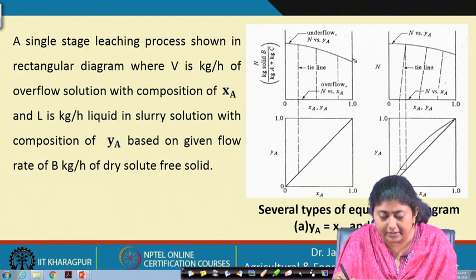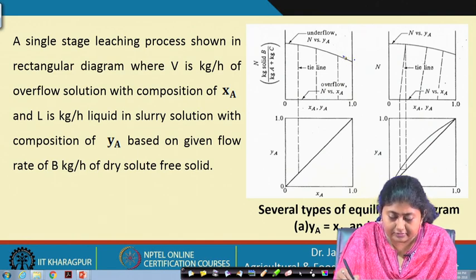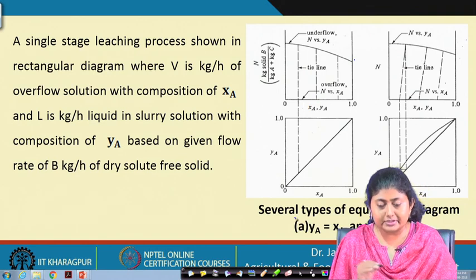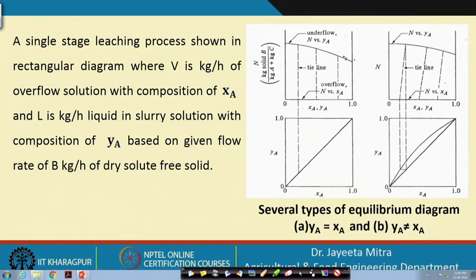Initially this was higher, and as the slurry is getting mixed with the solvent, the solvent is taking the solute away. So Y A is decreasing and X A is increasing.